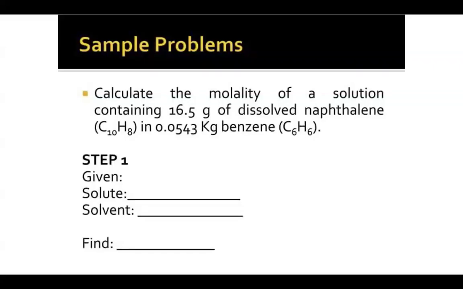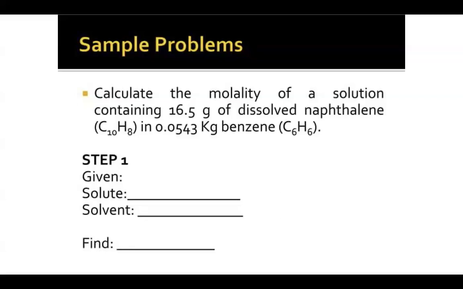Here we have to calculate the molality of the solution containing 16.5 grams of dissolved naphthalene in 0.0543 kilograms of benzene, or C6H6. In this case, again, the first step is to identify first the given. So what is the solute here in this problem? The solute usually is the one that is being dissolved.